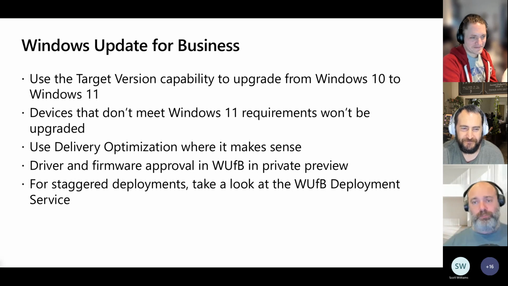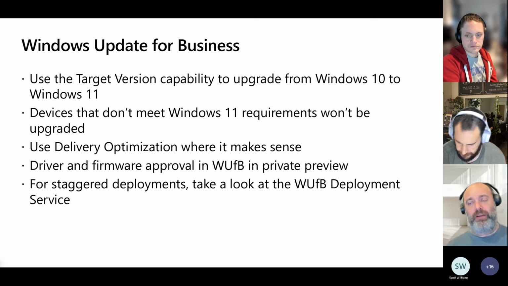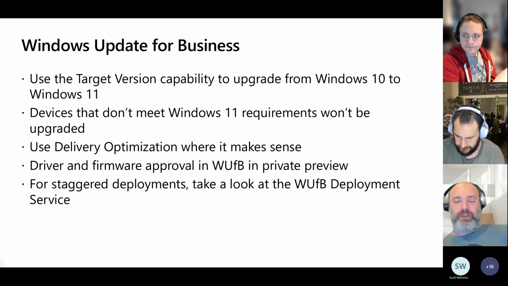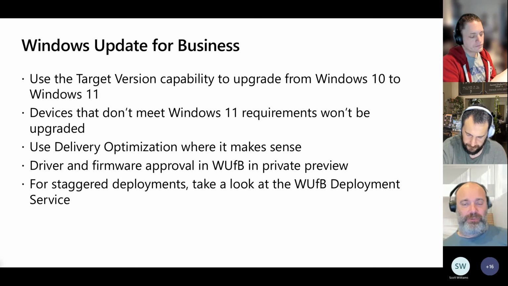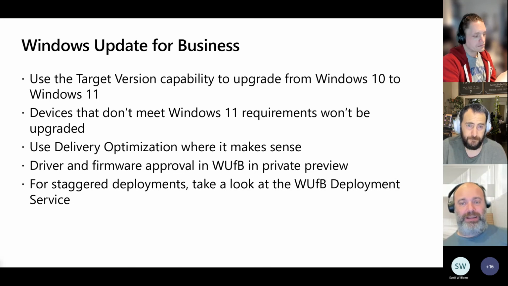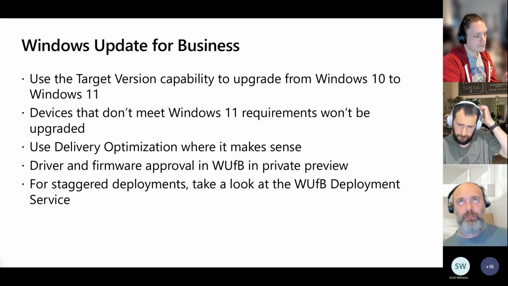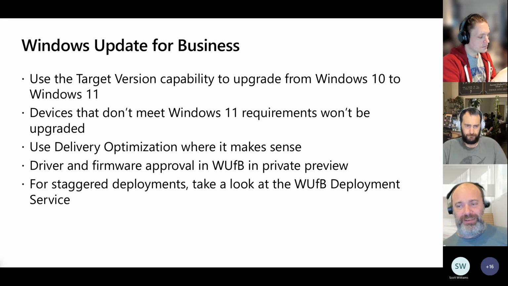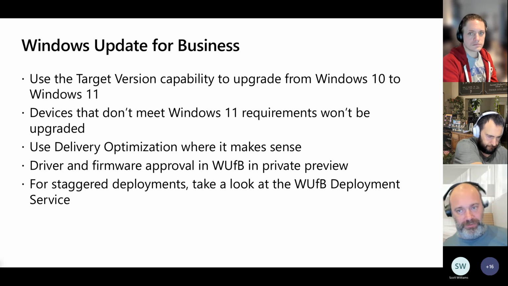Okay, so with Windows Update for Business, probably the main thing here, and this is where some of that message around treating Win 10 just like Win 11 comes in, is where things are different versus that other messaging we just mentioned on the last slide. We do need to specifically target the devices that we want to move to Win 11.